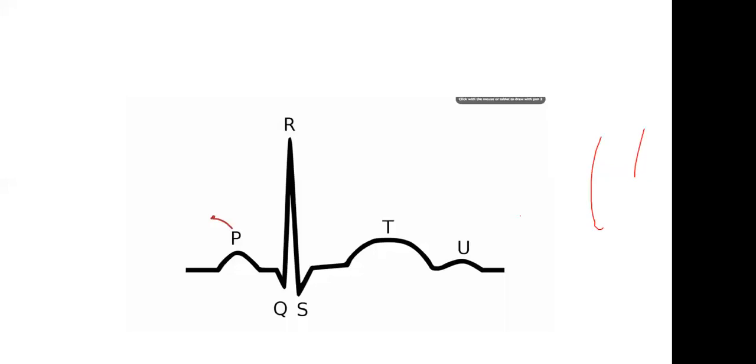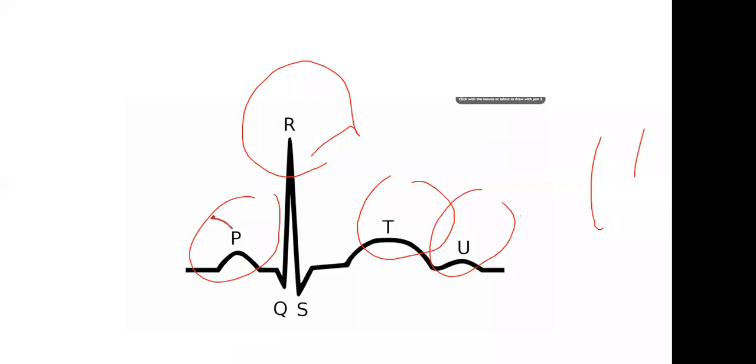What I mean by this is that first of all, when atria are stimulated, the impulse spreads over the atria, and that spreading of the impulse gives you the P wave. And once it is completed, it is followed by mechanical contraction.